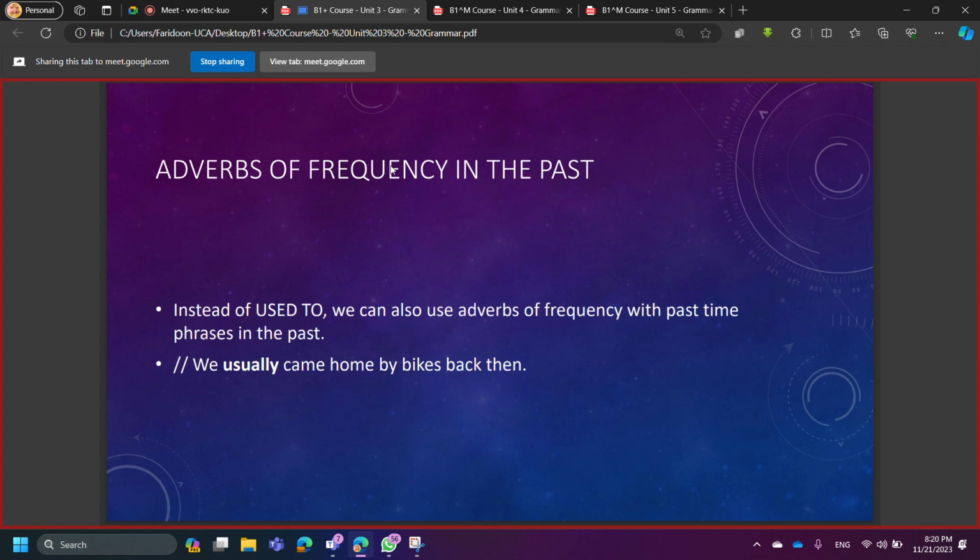So "usually" is your adverb of frequency, and "back then" is your past time phrase. Now it's doing the same thing. It's talking about a past habit, but not using "used to." Of course, if you learn it and make a ton of examples, you're going to get better.